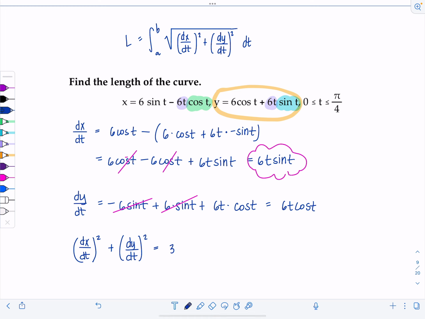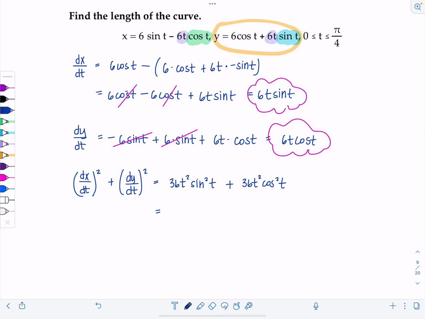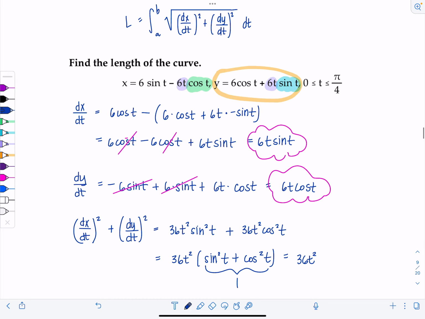So it's going to be 36t squared sine squared t plus 36t squared cosine squared t. And look how fabulous, I can factor out 36t squared, and I'm just left with sine squared t plus cosine squared t. This is 1, so this is just 36t squared. I love it. We can take the square root of that and integrate, no problem.